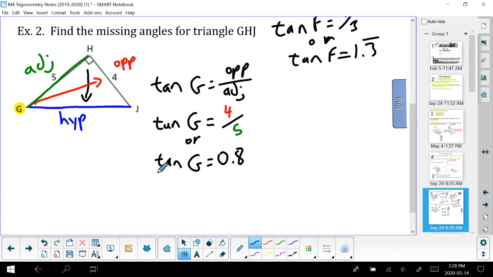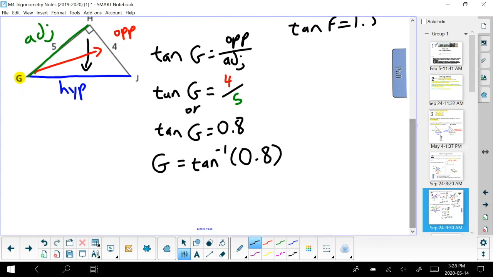So to get rid of this tangent in front, we have to use something called the inverse tangent function. What that'll look like when we apply that inverse tan function is it'll look like a tan to the power of -1. And what we want to do is take the inverse tangent of that 0.8. Now how does that work out on your calculator?